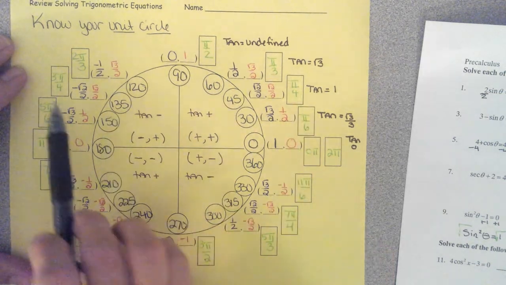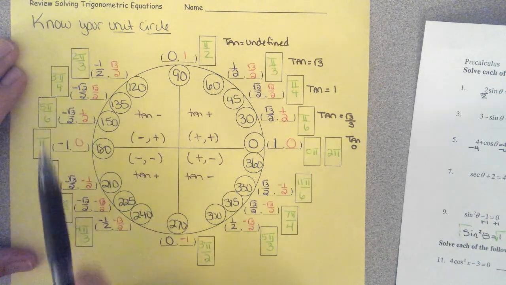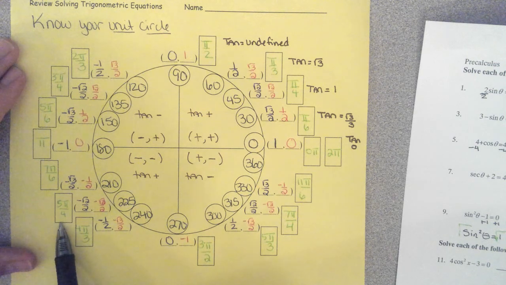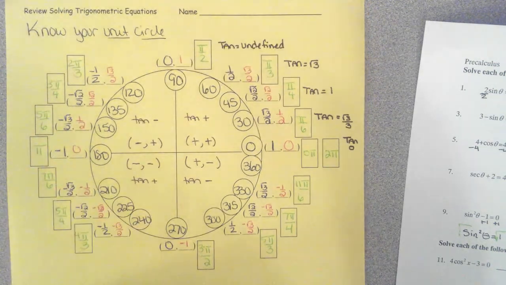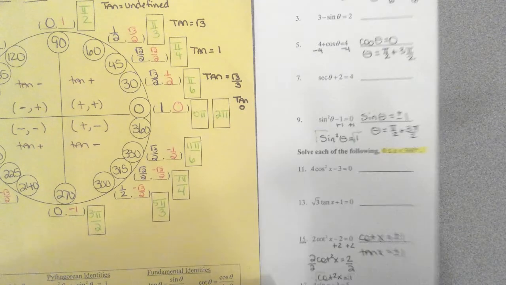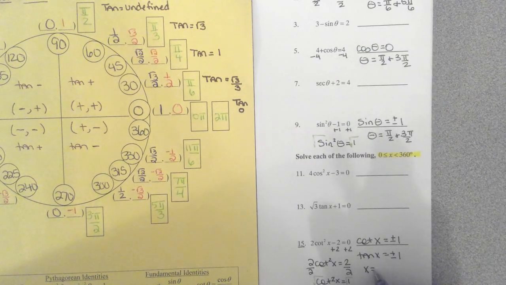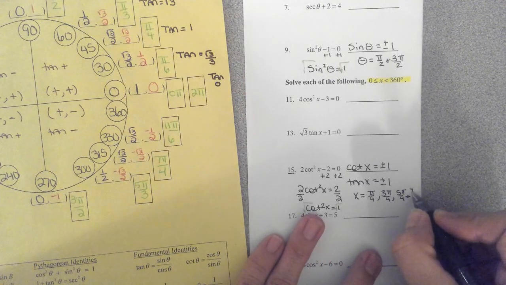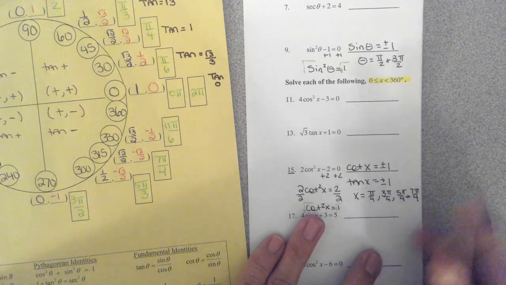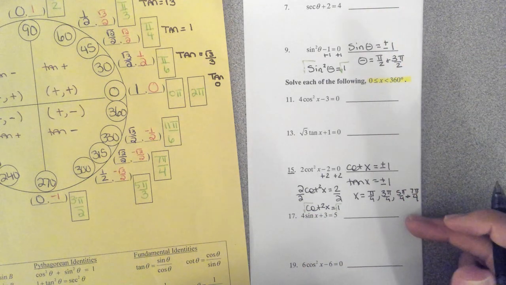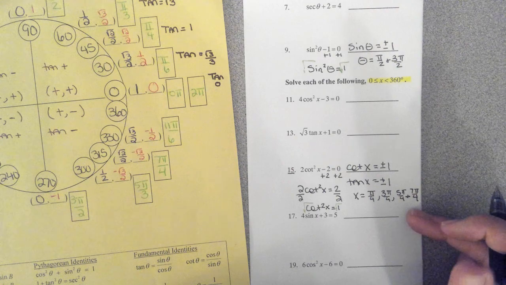It's negative 1 at 3 pi over 4. It's positive at 5 pi over 4 and negative at 7 pi over 4. So I'm going to list every one of those. So x equals pi over 4, 3 pi over 4, 5 pi over 4, and 7 pi over 4. So for this particular answer, I had 4 answers.